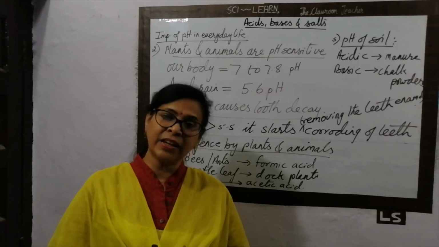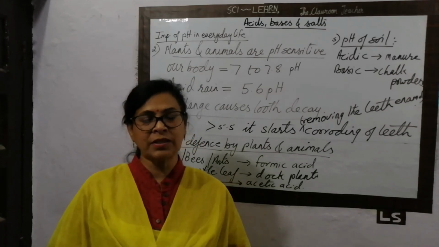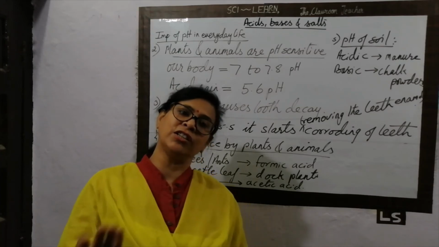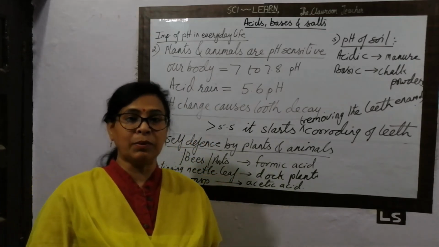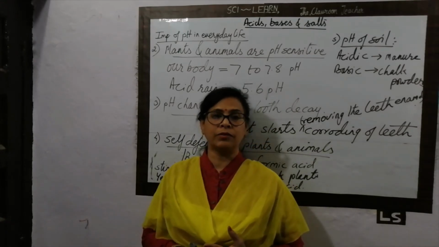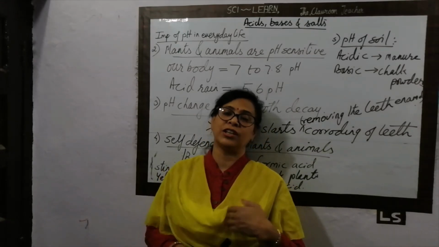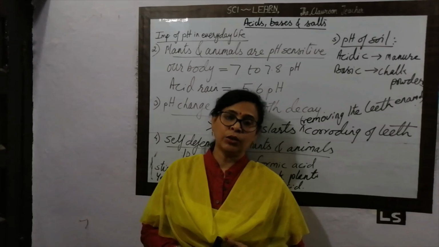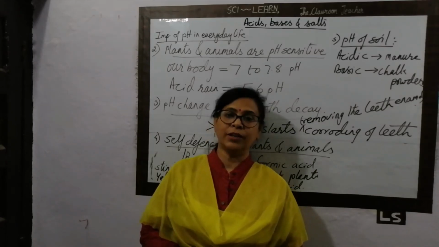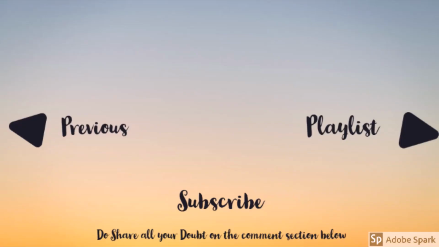If the soil is acidic, we have to use some substance which is suited to that acidic soil, or we have to change the nature of the soil. If the soil is basic, we have to select a crop which is suited to that basic character, or we have to change the nature of the soil. So these are all the uses of pH, or the importance of pH, in our day-to-day life.